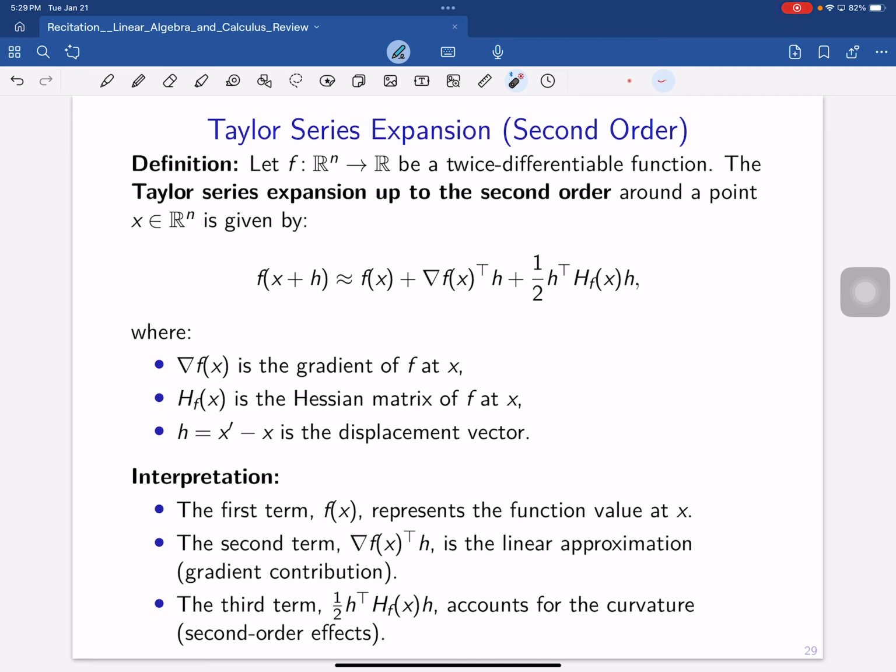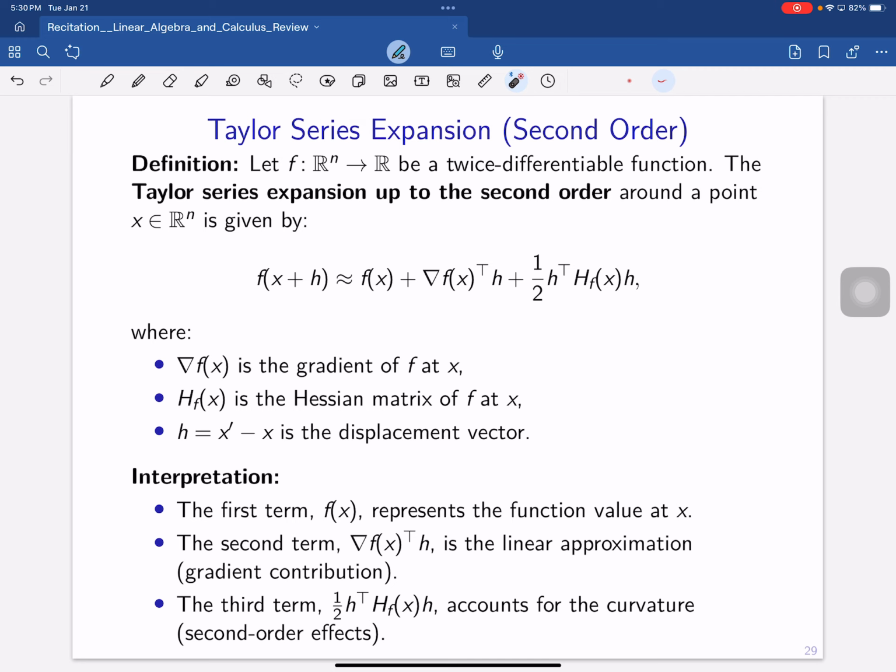Typically we only talk about the second order Taylor series expansion. So here, let's assume you have f, which is a mapping from n dimensions to one dimension, and then you want to perturb this vector x a little bit by vector h. And then you can approximate this using a quadratic function where you have this zero order term, just evaluating the function at the point x.